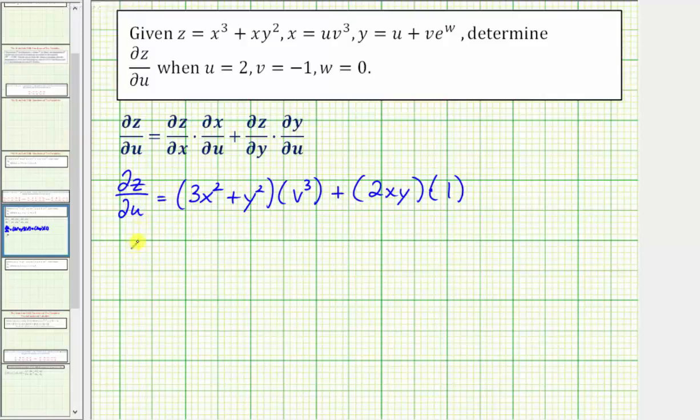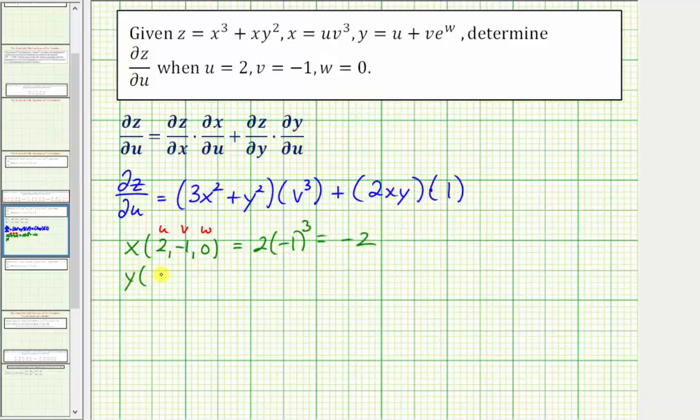So let's find x of 2, -1, 0, meaning the value of x when u equals 2, v equals -1, and w equals 0. So here's x, so we have u, which is 2, times v cubed, which would be -1 cubed, which would just be -2.